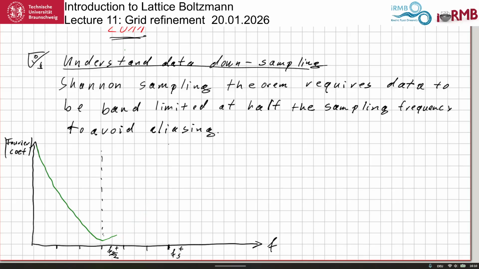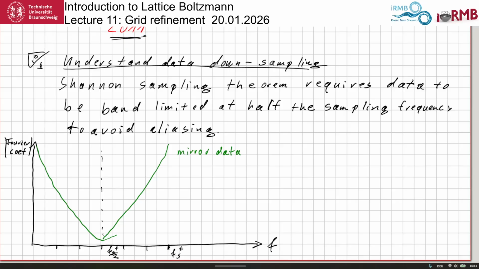I'm still not drawing this beautifully. Okay, I'm not good at it today. So it generates mirror data. Sine and cosine are different, but their magnitude is the same. So you get this spectrum here copied.